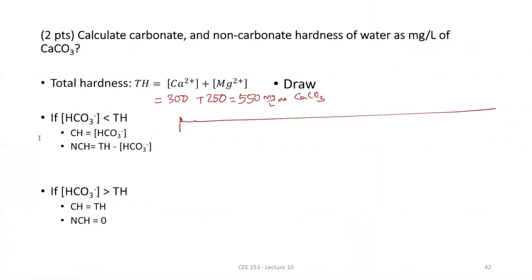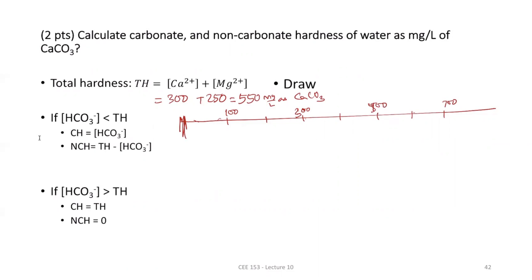Let's say this is 0 and this is 100, 200, 300, 400, 500, 600, 700. Okay, so I'm just going to write 100, 200, 300, then 500, then 700.